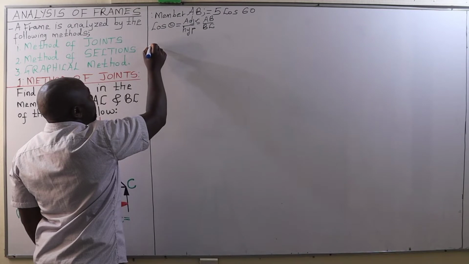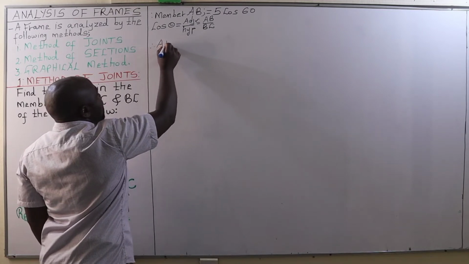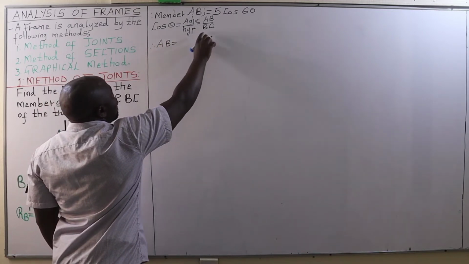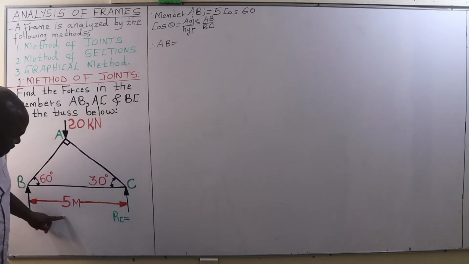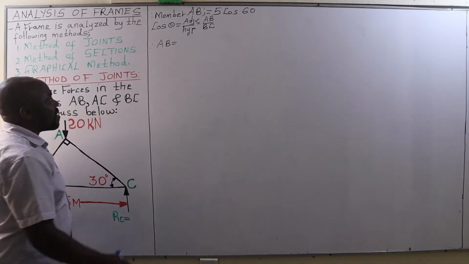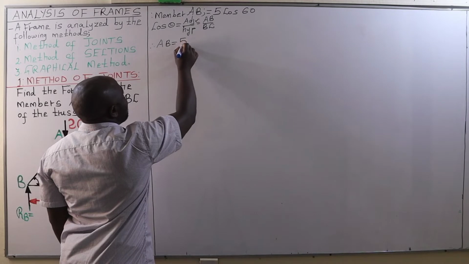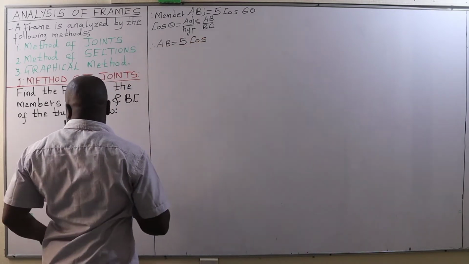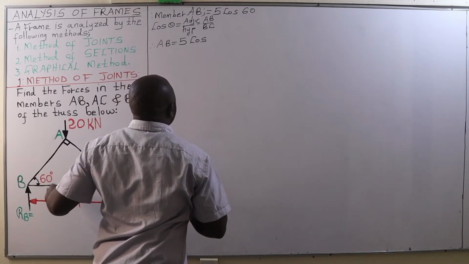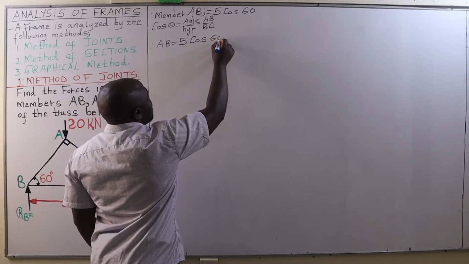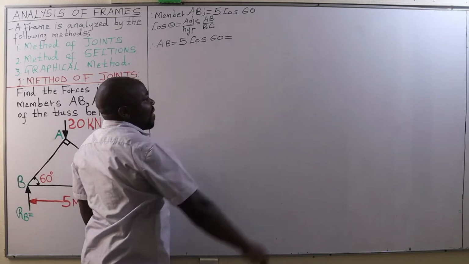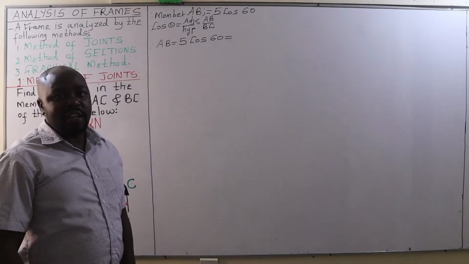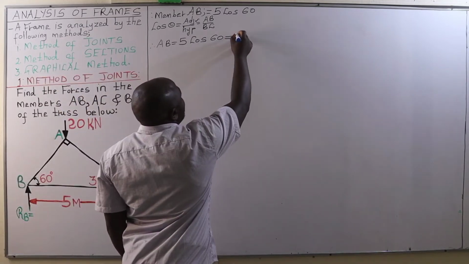And therefore AB is going to be given by BC, and the length of BC is 5 meters. Therefore 5 multiplied by cos theta, that is cos 60 degrees, and therefore the length of that member is going to be 2.5 meters.